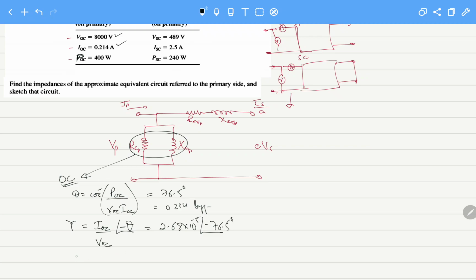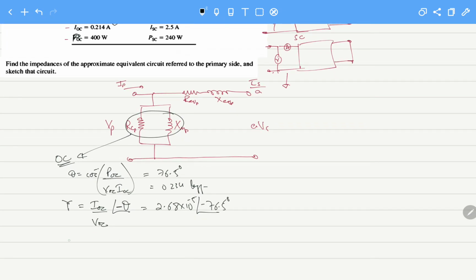And then when we convert this, it will become 6.3 into 10 raised to power minus 6, minus J 2.6 into 10 raised to power minus 5. So this is actually the admittance.